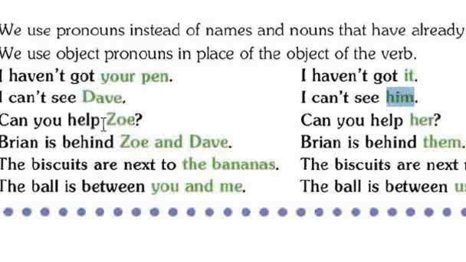Can you help Zoe? If I want to put a pronoun, I cannot say, can you help she? No. Okay? You have to say, can you help her? The same here, Zoe and Dave. I can't say, Brian is behind Dave. You have to say Brian is behind them.